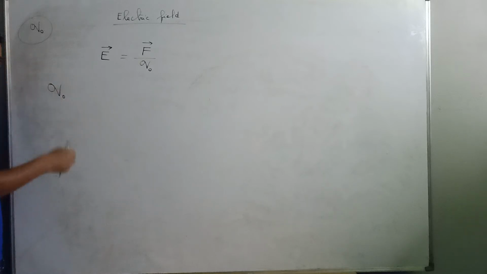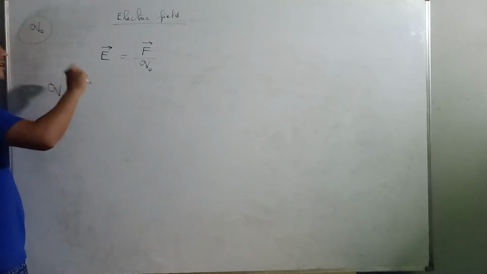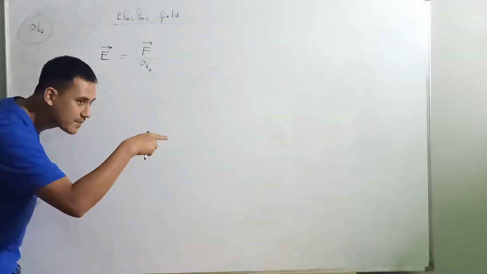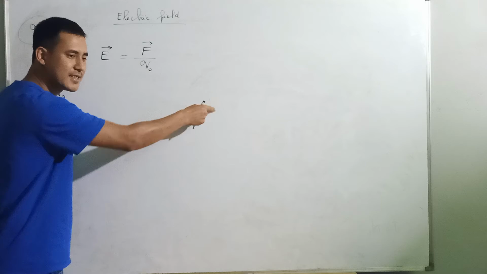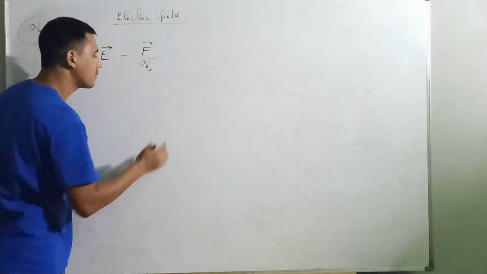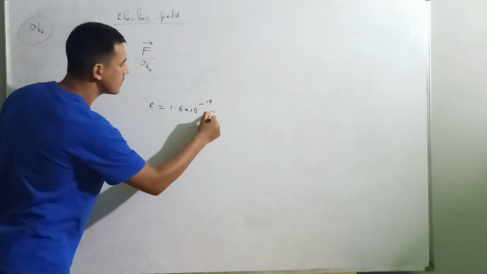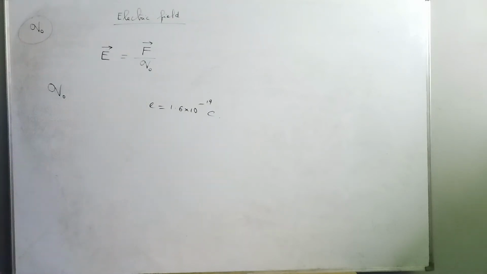Actually, this test charge does not exist in real. It's imaginary. In the last video, we studied the smallest charge that exists independently. What is the smallest charge that exists independently? The charge of an electron, 1.6 into 10 to the power minus 19. Very, very small.